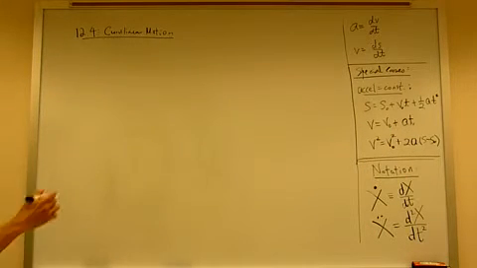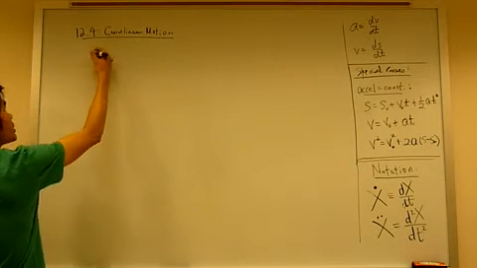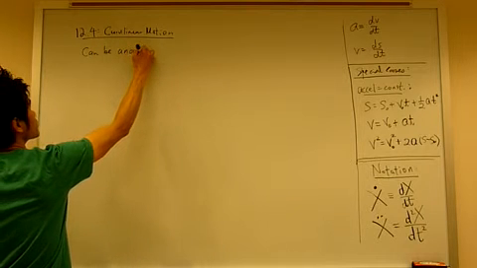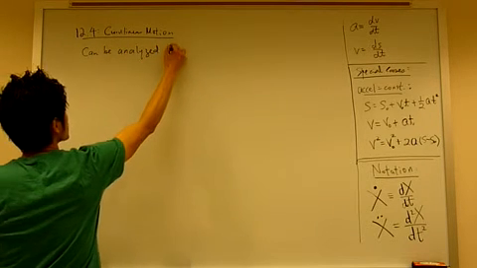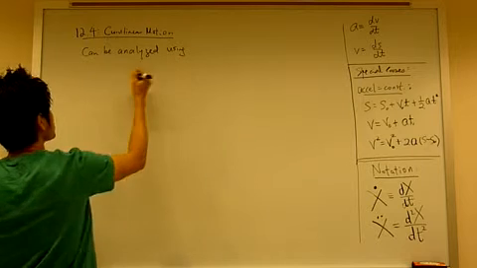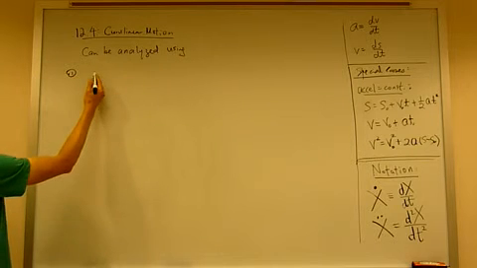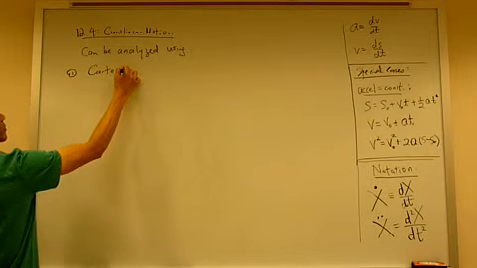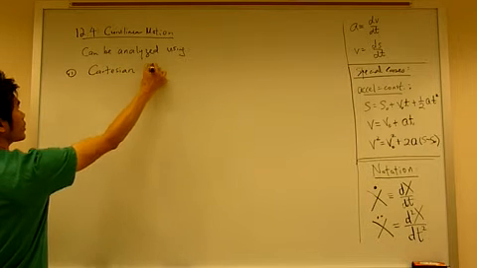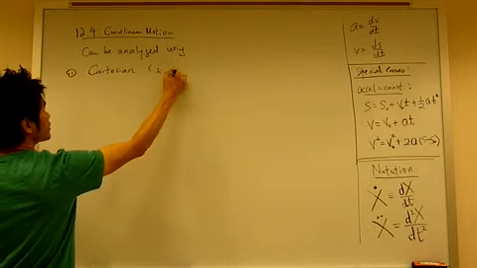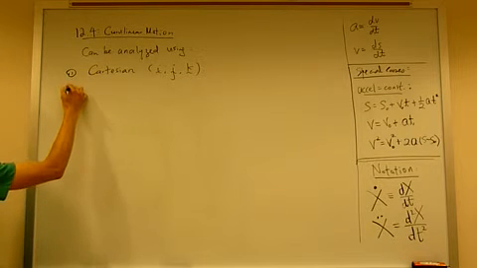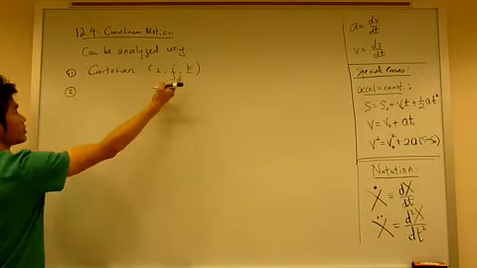Okay, curvilinear motion can be analyzed using three coordinate systems. The first coordinate system is Cartesian, which is i, j, k direction. These are the unit vectors.